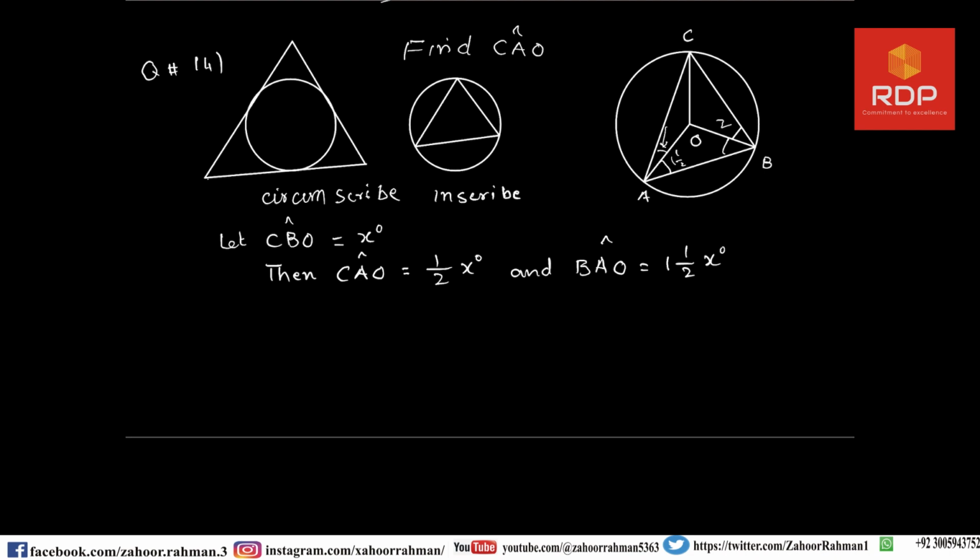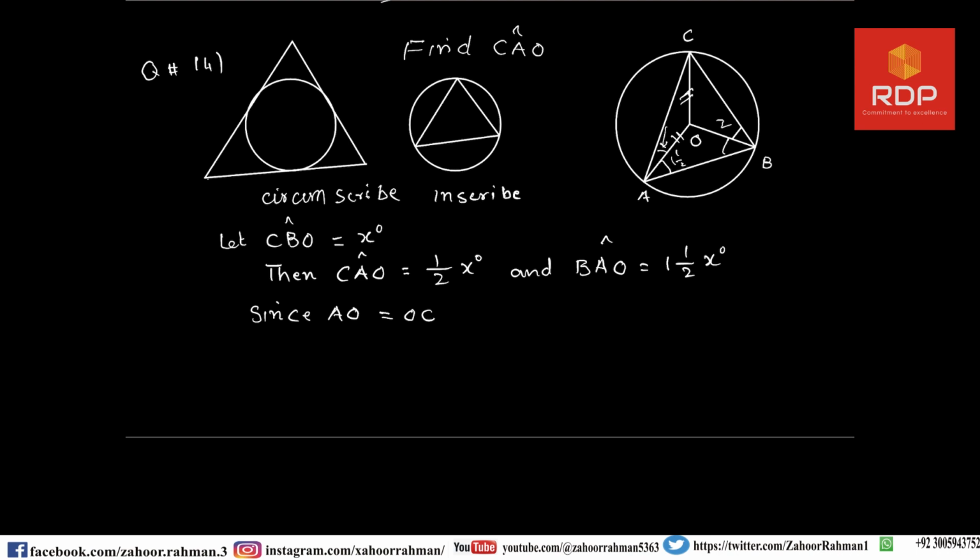Taking in view this information, we can write, since AO is equal to OC, because both are the radii of the circle, they will be equal.